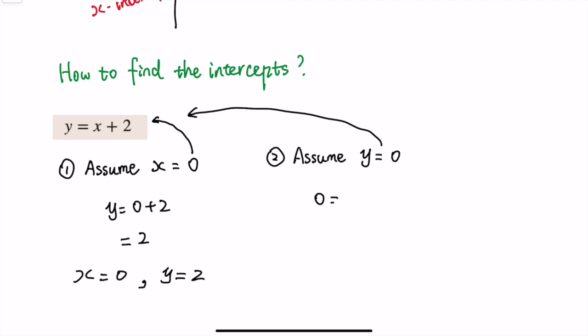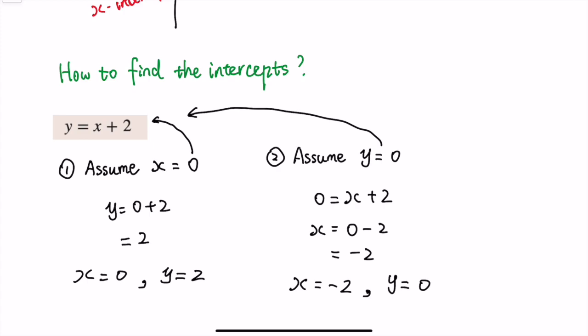So 0 equals x plus 2, and x equals 0 minus 2. So x equals -2.